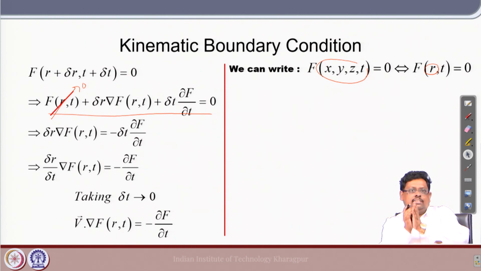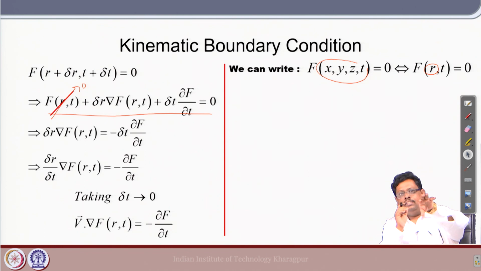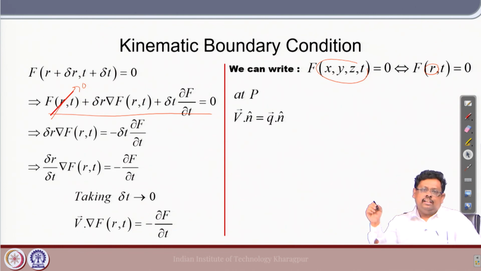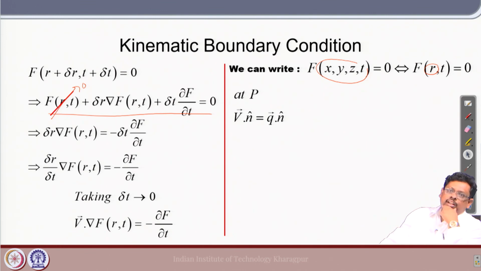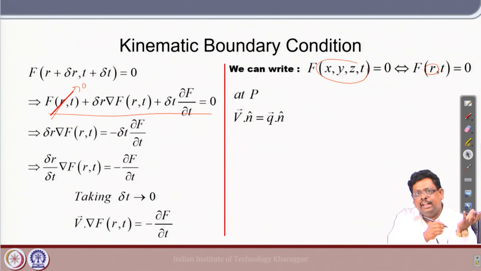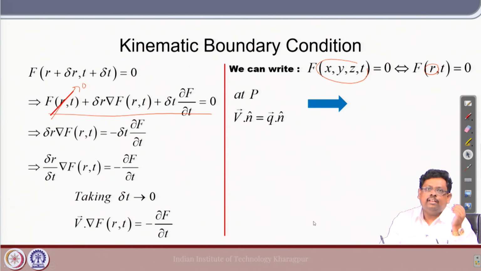This is something we are going to use to find the kinematic boundary condition. Now, you see at P, as I said, V · n equals Q · n, right. So, the normal velocity of the boundary surface should be equal to the normal velocity of the water particle, and I also know that n is nothing but grad f divided by modulus of grad f.